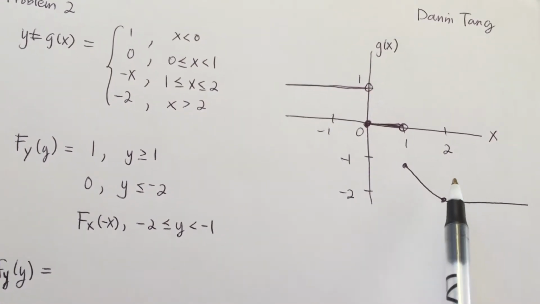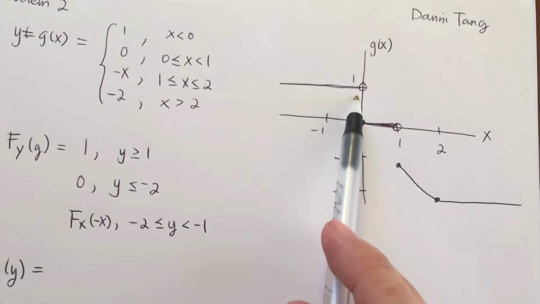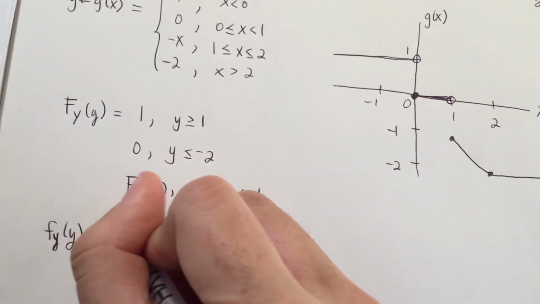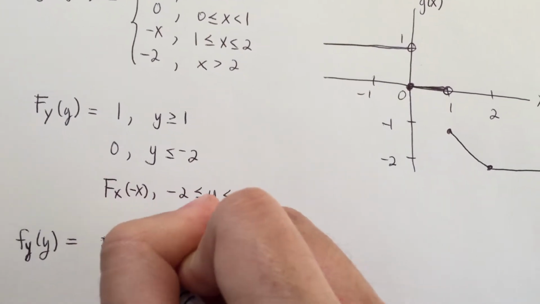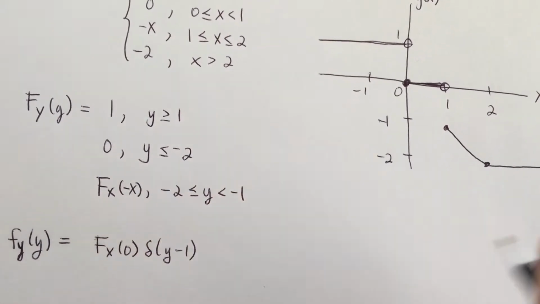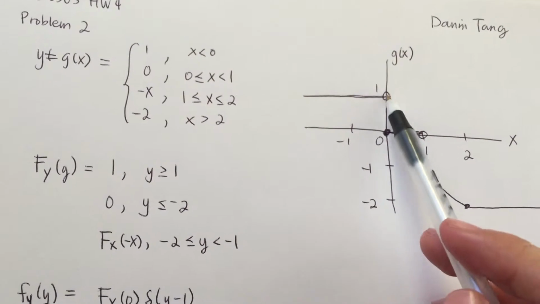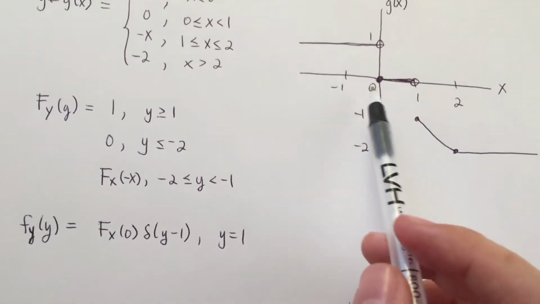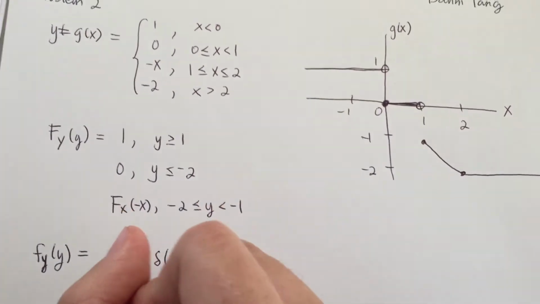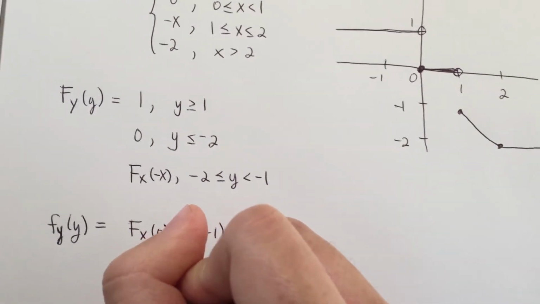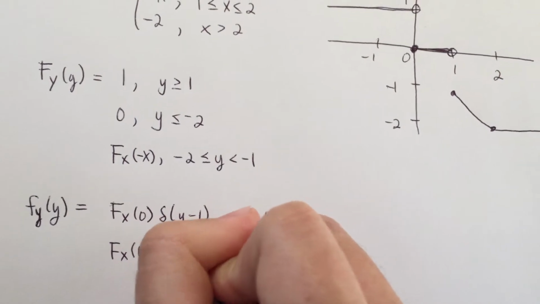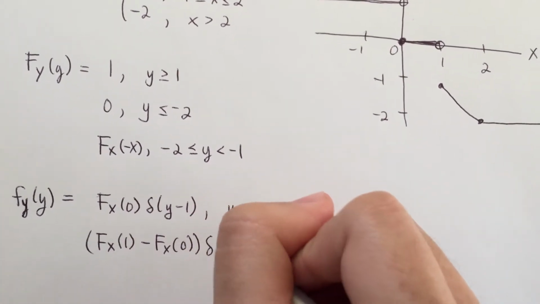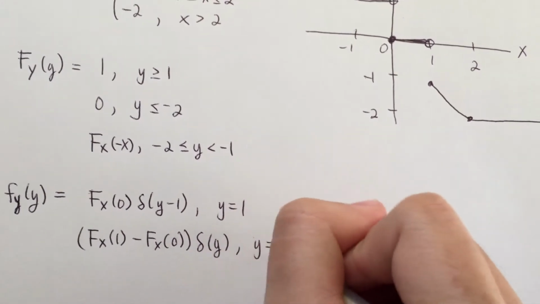At y equals 1, it is F of x at 0 times the impulse of y minus 1, because it is shifted to 1. And then the second impulse function is here, so it's F of x at 1 minus F of x at 0 times the impulse at y, this is y at 0.